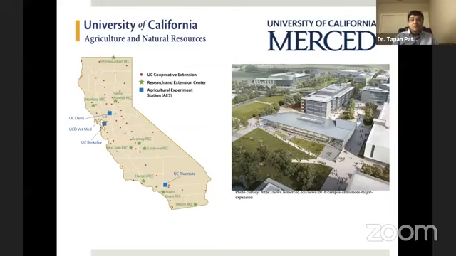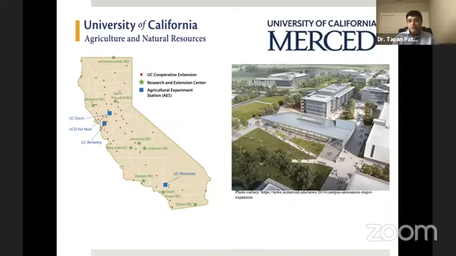And then we have the ag experiment stations, which are tied to 3 University of California campuses: UC Davis, UC Berkeley, and UC Riverside. They get a lot of federal funding to conduct applied agricultural research on bigger issues faced in California and across the United States.